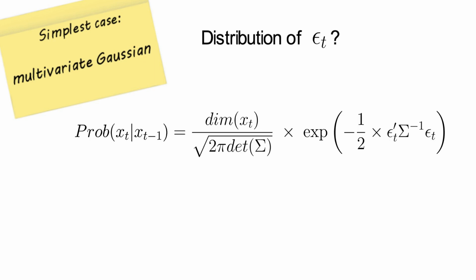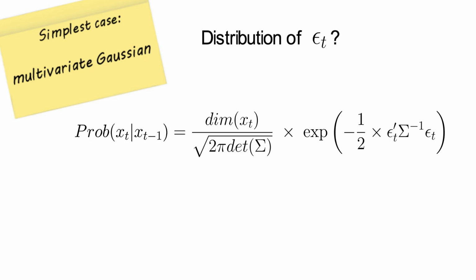Now the first thing we have to do is we need to take a stand on the distribution of epsilon t. Now let's work with the simplest case, namely a multivariate Gaussian distribution. In that case, we have that the implied probability of having observed xt conditional on the observation of xt minus 1 and conditional on the VAR1 parameterization is given by the following term.